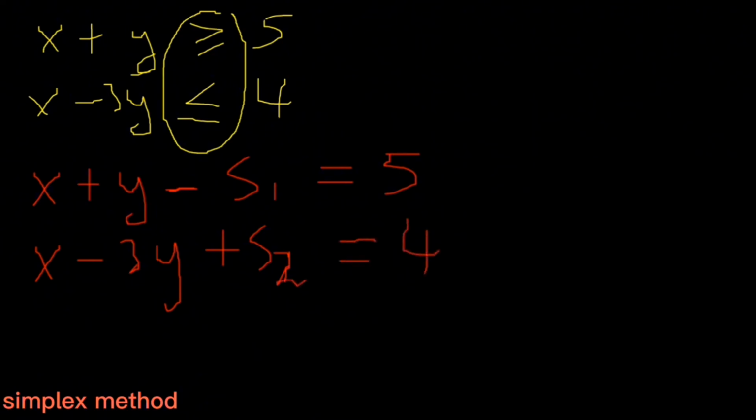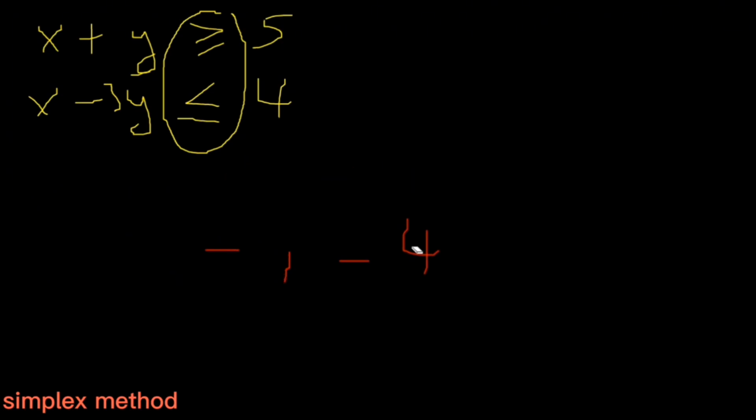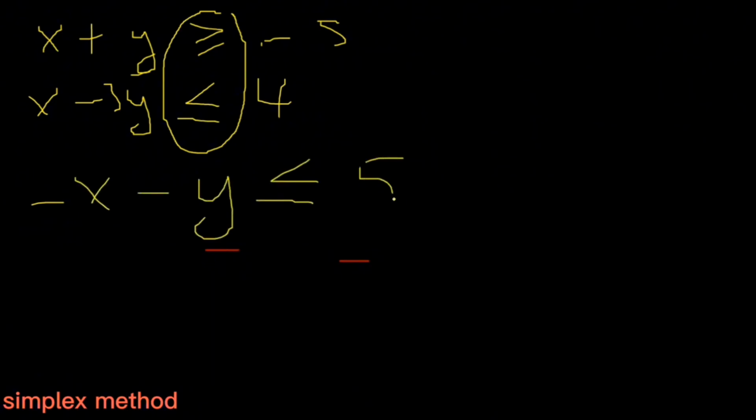But in the case where you had, at this point, negative 5, consider you had negative 5 here. You're just going to multiply everywhere by negative. That is negative x minus y less than or equals to 5. Okay, that is what you are going to have.